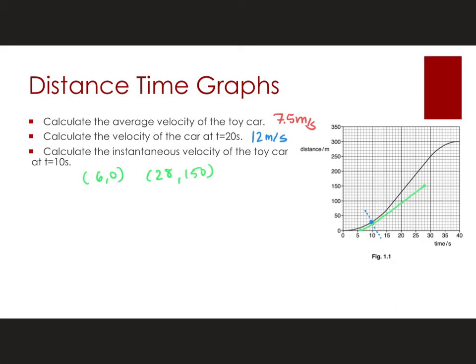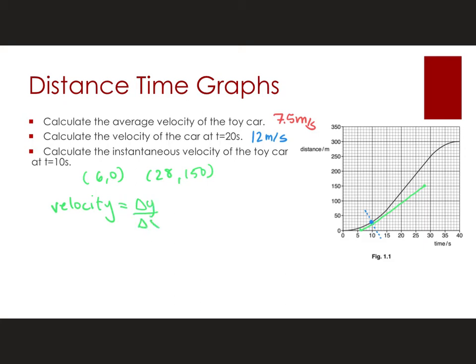So you don't have to be perfect, but you have to be pretty close. And if you follow those steps, you should be able to get within rounding distance of what I'm going to calculate.